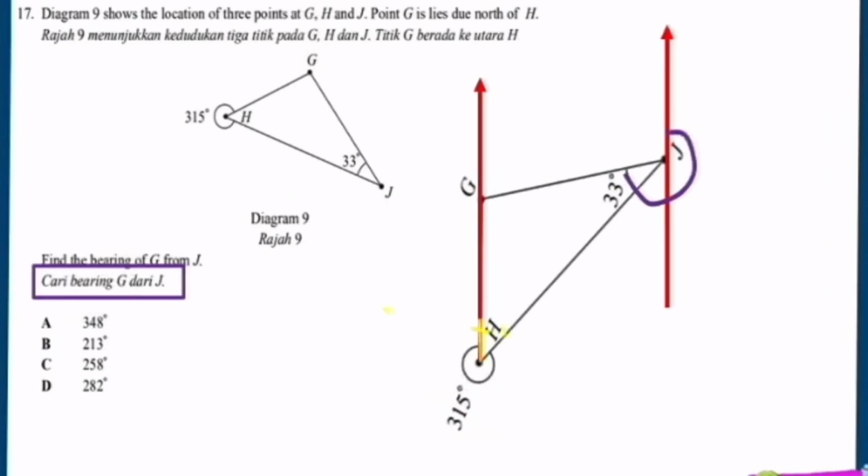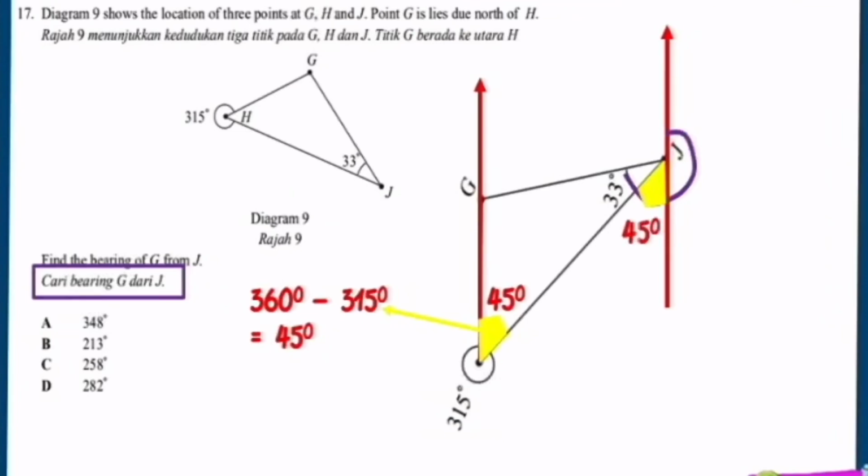I will find that angle, and then use the concept of two parallel lines, which have the same alternate angle. So you will take 360 minus 315. So the angle is 45 degrees, right? Then you label 45 degrees there, and the yellow 45 degrees should be the same because of the alternate angle.